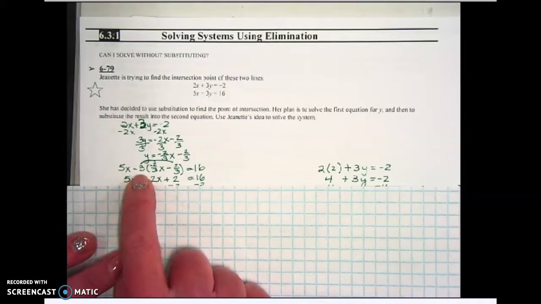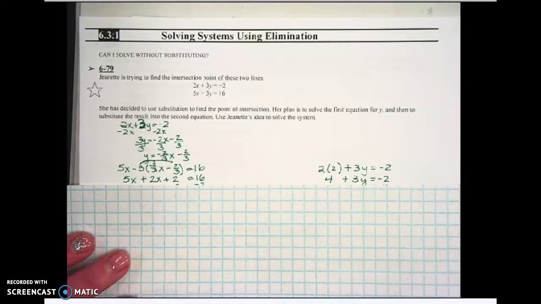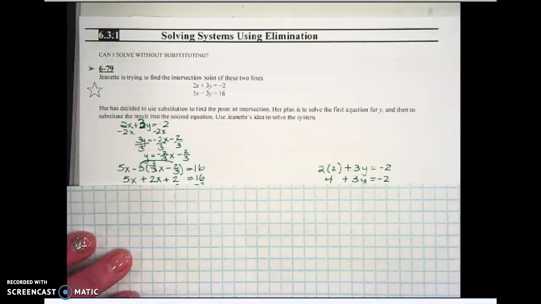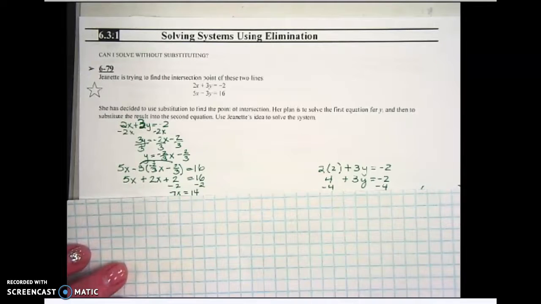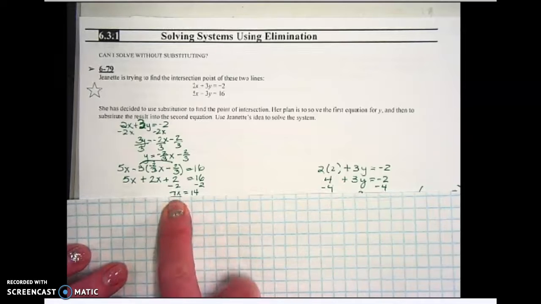Good. All right, then we're going to multiply negative 3 times negative 2/3. Again, it comes out positive. And then you look for like terms. Are there any like terms there? Yeah, what are the like terms? The 5x and the 2x combine to get your 7x, and subtract 2 from both sides, so you get 7x equals 14.